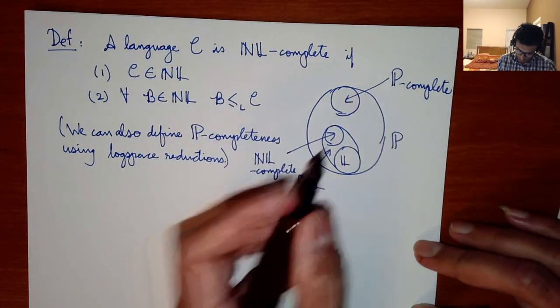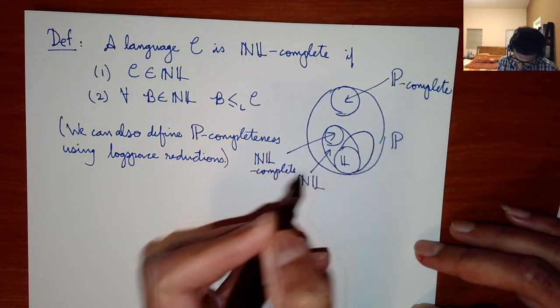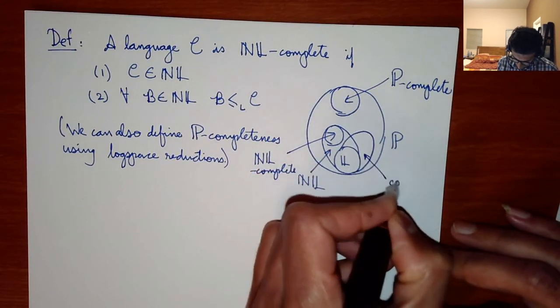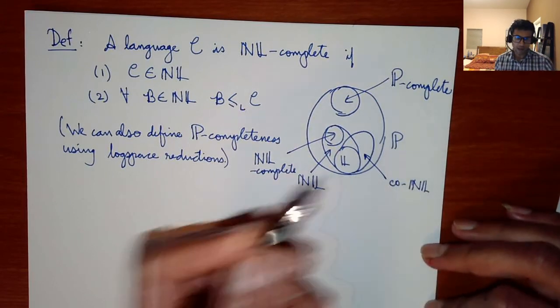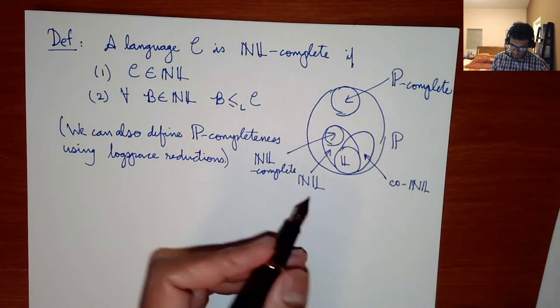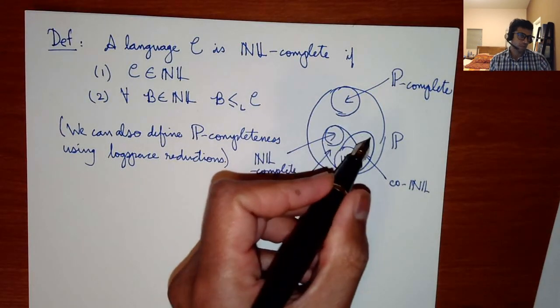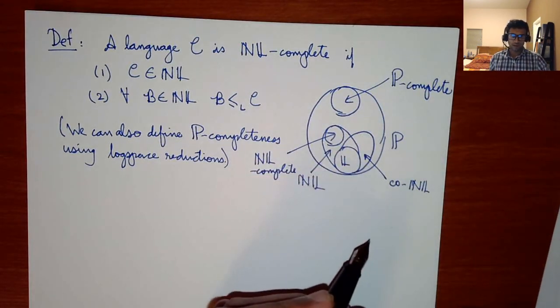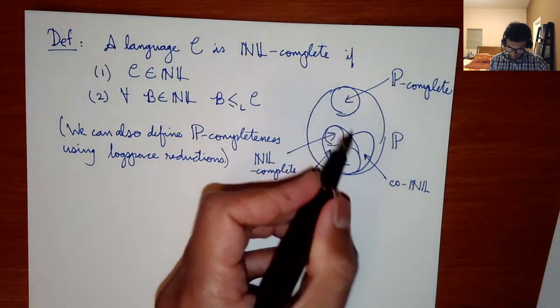And of course, just like you have NL, you might define something called co-NL. And of course, there is the surprise that NL is going to be equal to co-NL. But ignoring co-NL and NL, this is sort of the picture.